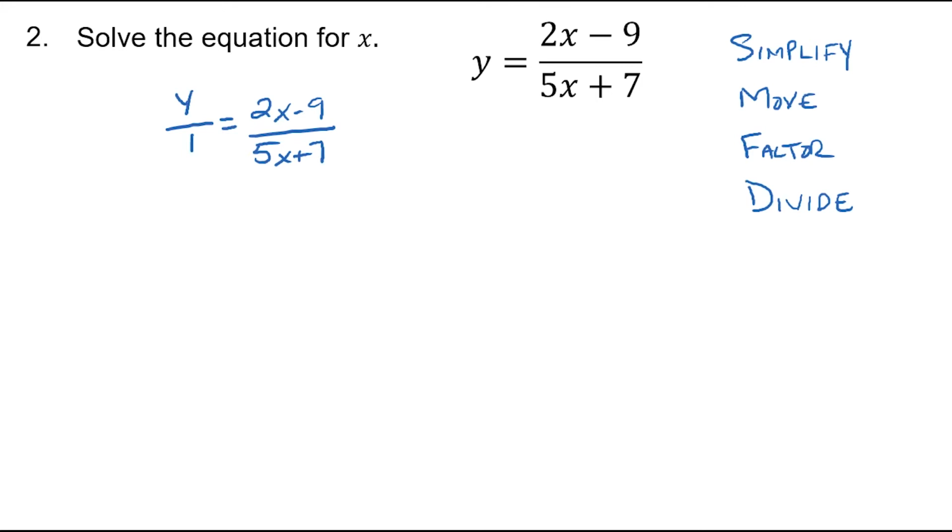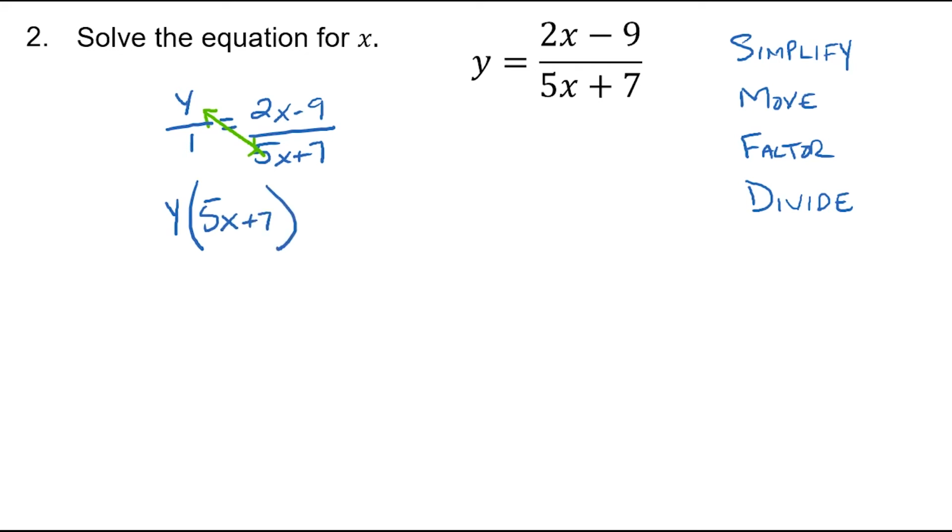So what I'm going to do is cross multiply: the numerator of the left fraction multiplied by the denominator of the fraction on the right side of the equal sign. That gives me y times the quantity 5x plus 7.